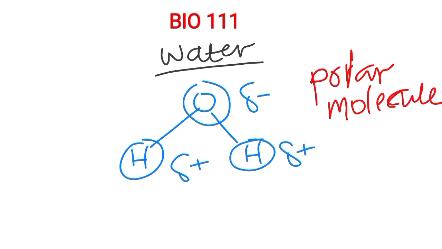Why polar? Because electrons are not shared equally. We've just said that oxygen is more electronegative compared to hydrogen, meaning more electrons are attracted to oxygen than hydrogen. Since electrons are shared unequally, we term that a polar covalent molecule.